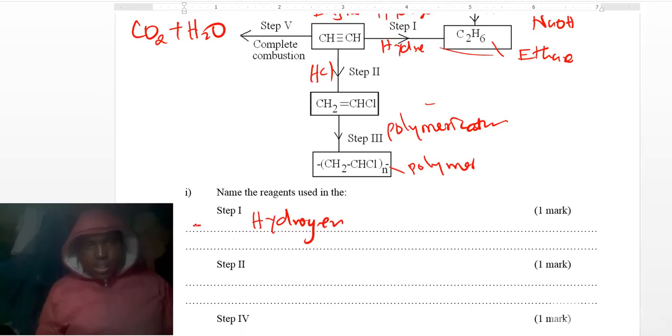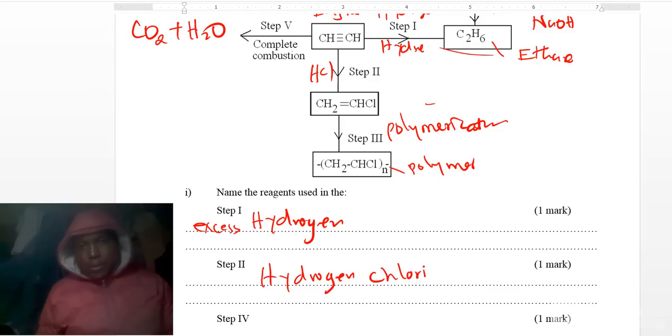In fact, excess hydrogen will take us from alkyne to alkene and then alkane. Step 2, the reagent we need is hydrogen chloride. We need hydrogen chloride gas for step 2 to occur.